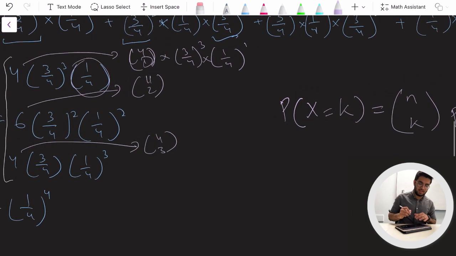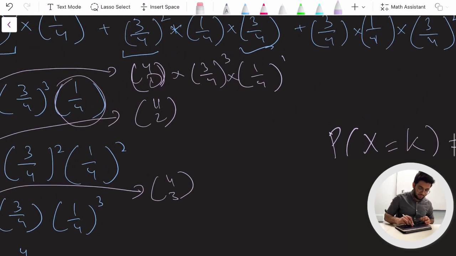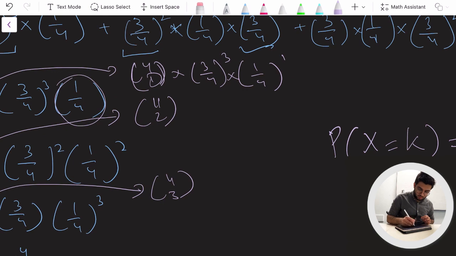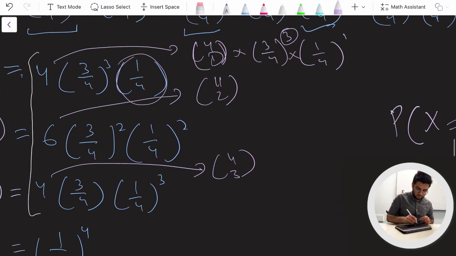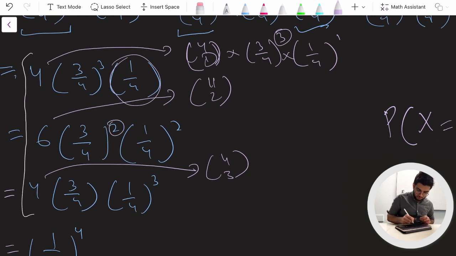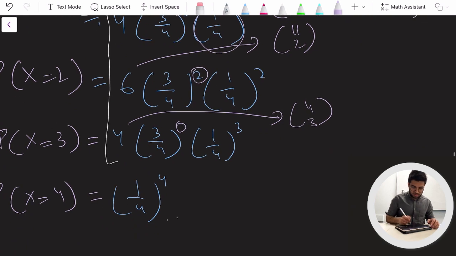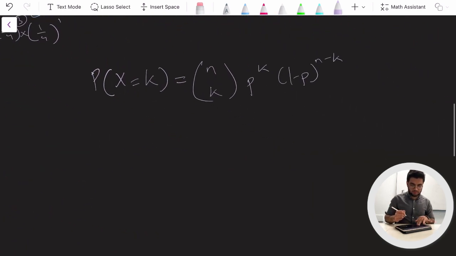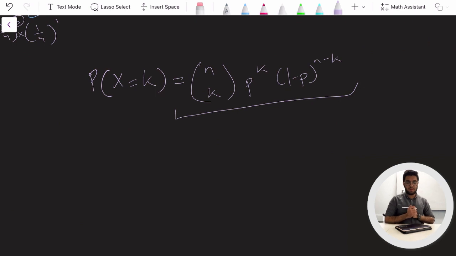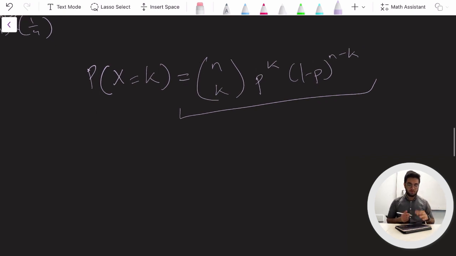So 1 take p, being the probability of failure, is 4 take 1, in this case a 3; 4 take 2, in this case a 2; 4 take 3, in this case a 1. So even that stands, and if you look at the other ones, that also stands. So this is the probability of k successes for n trials in a binomial distribution, for a binomial variable.